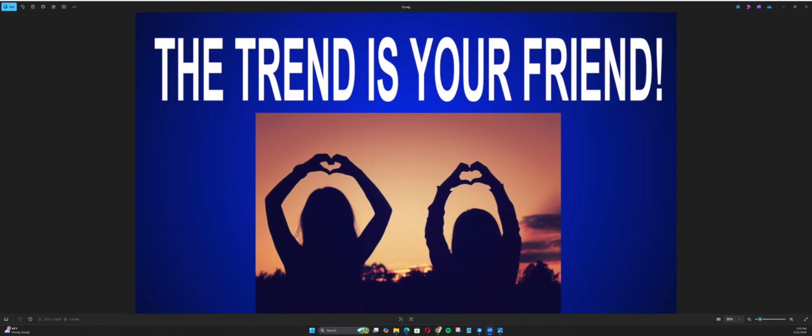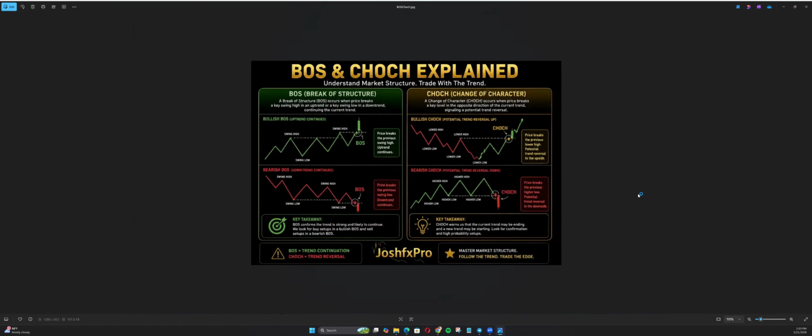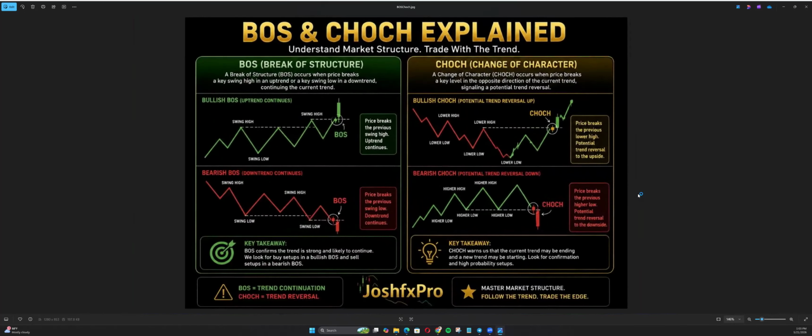At this point, we're getting into another topic, which is very important. Let's talk about break of structure and change of character. Let's talk about break of structure first, then I'll tell you what change of character is. Break of structure occurs when price breaks a key high in an uptrend and a key swing low in a downtrend, continuing the current trend.